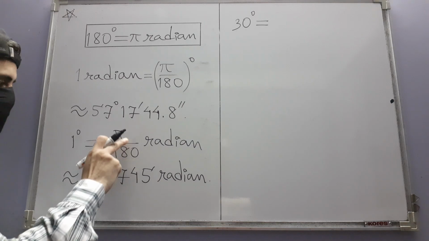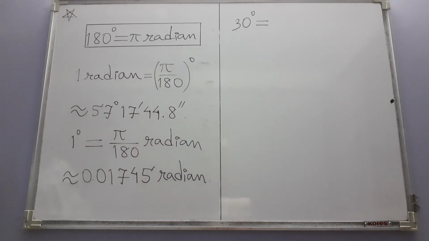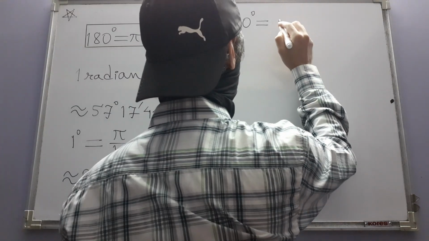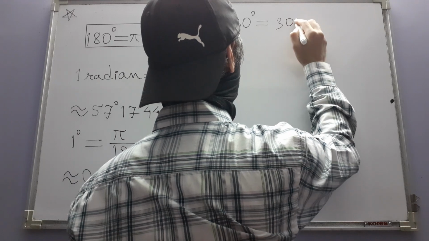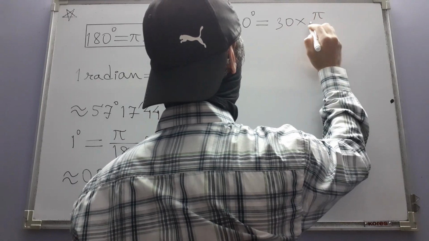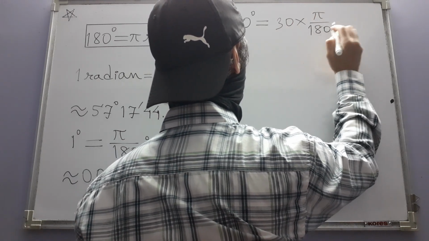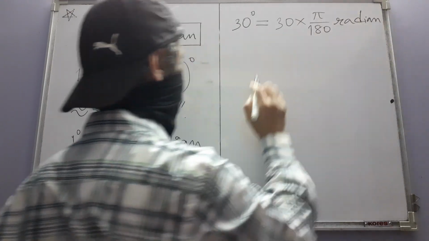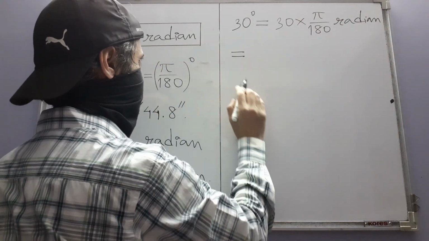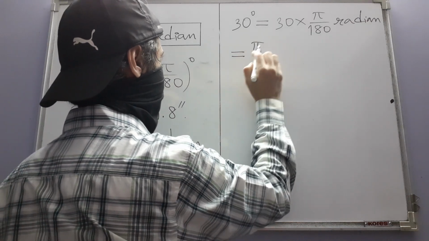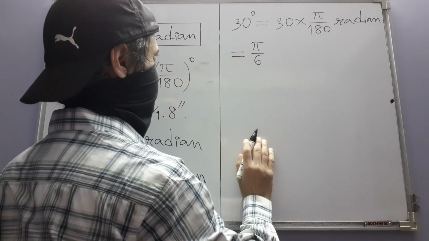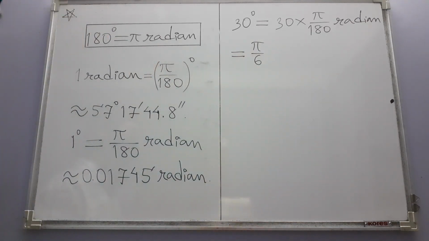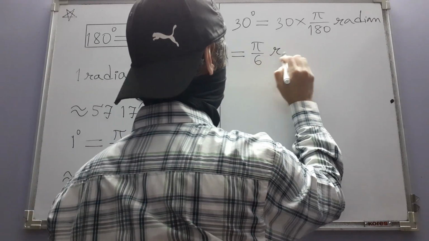You multiply by pi over 180. And that gives you this radian. If you simplify this, it becomes pi over 6. So pi over 6 radian.